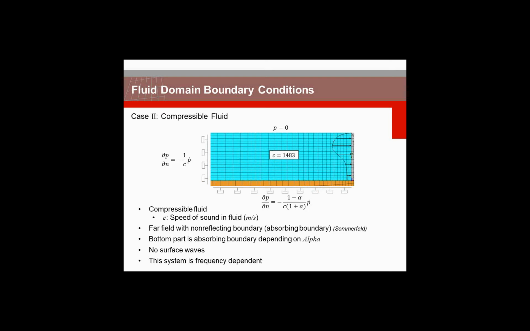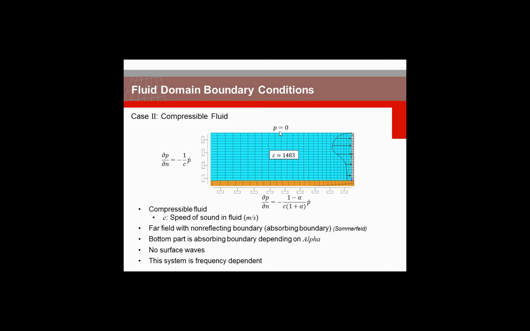But when we have the compressible fluid case, the second case we're going to present here, we have a wave velocity definition that is not infinite as in the previous case, but is a real number that in the case of water is around 1,400 and something meters per second.